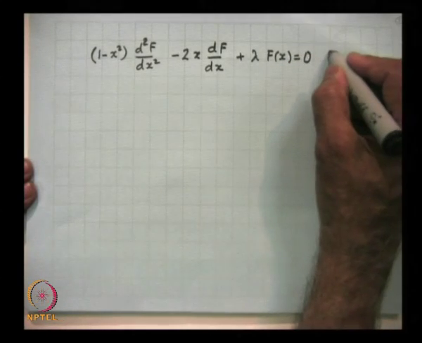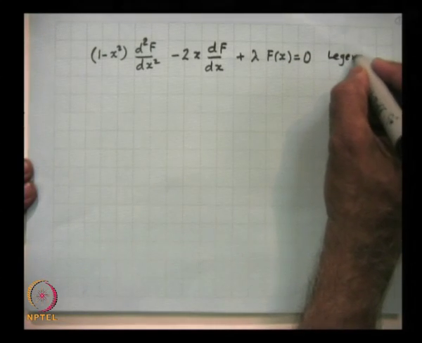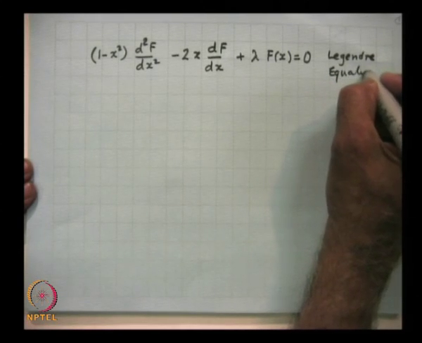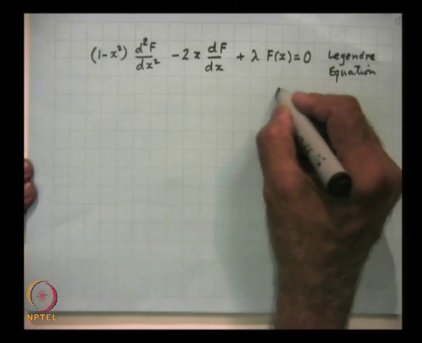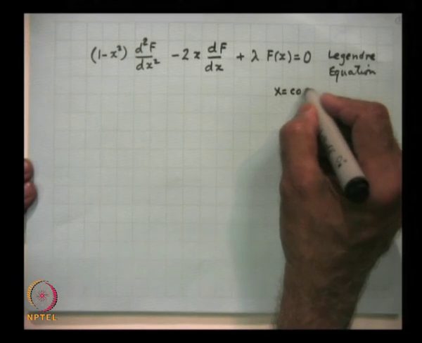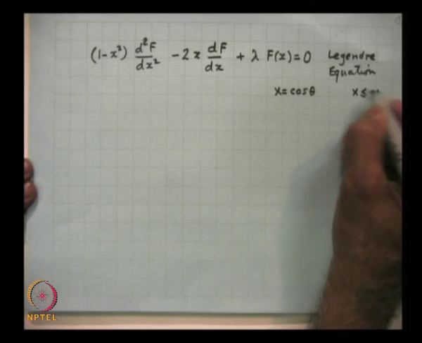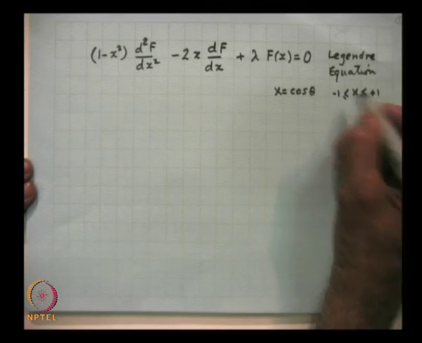This is also another form of the Legendre equation. Here, as we know that x is equal to cos theta, and so therefore, x lies between plus 1 and minus 1.